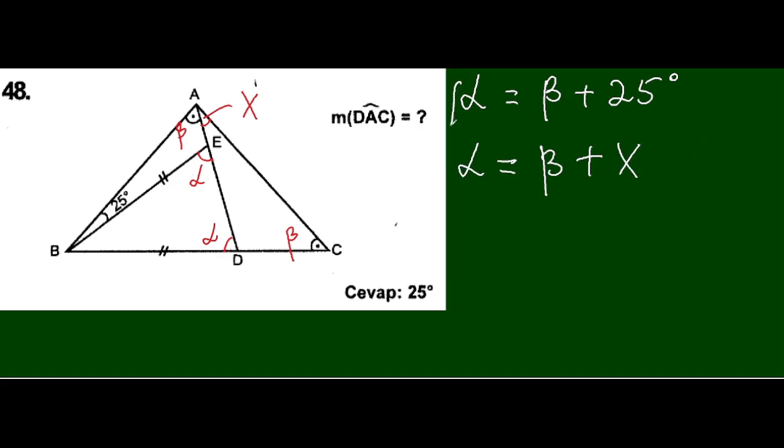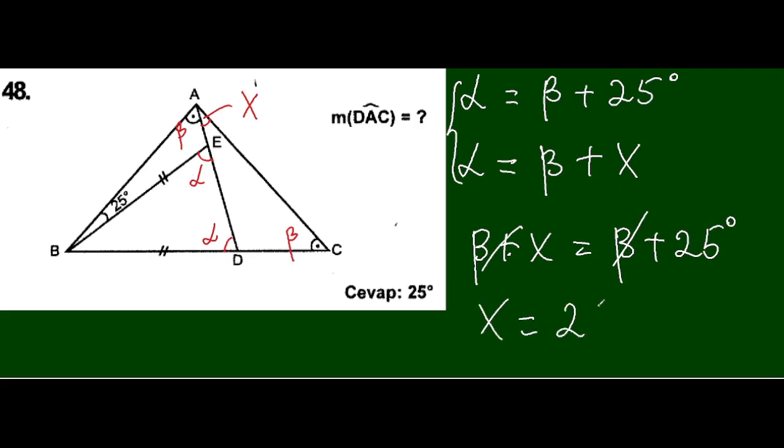Again, using our term, we don't need anything else here. So beta plus x, they are equal, alpha and alpha. We can plug into this alpha or vice versa. Beta plus 25 degrees. So here beta and beta will cancel and we'll get x is 25 degrees.